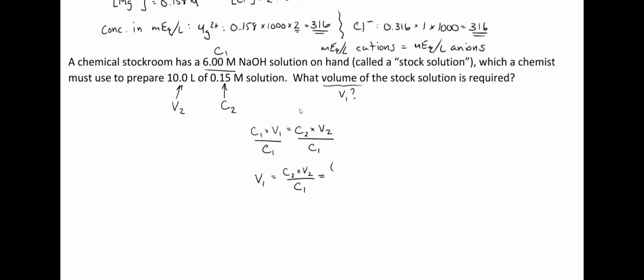So, as we saw earlier, the final concentration is 0.15 molar. And I'm going to go ahead and write out all the units here, moles per liter. The final volume is 10 liters. And the starting concentration is 6 moles of sodium hydroxide per liter of solution.